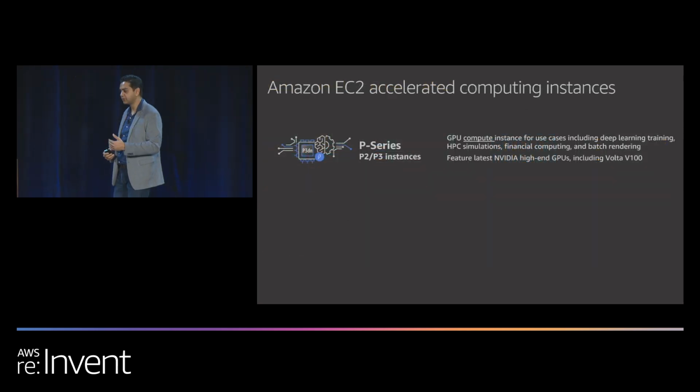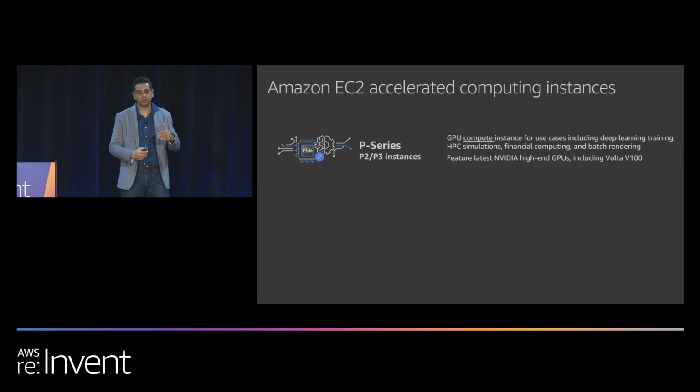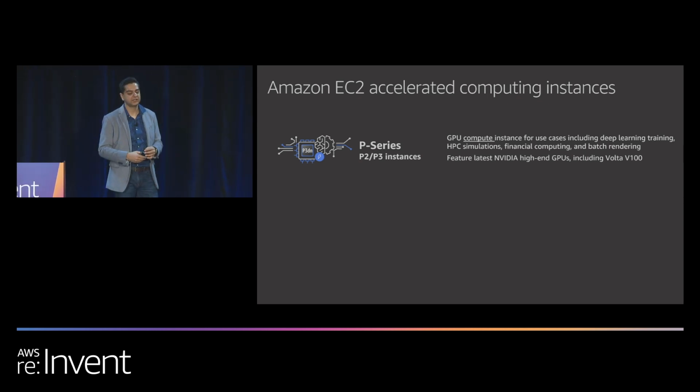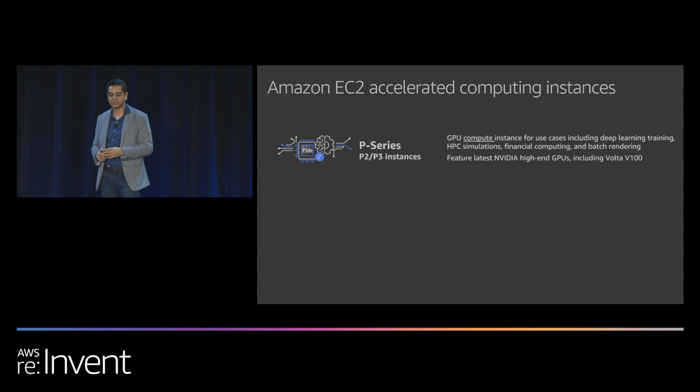So looking at our portfolio in this category, we have our P series of instances. These are targeted for GPU compute workloads, such as deep learning training, inferencing, financial computing, and batch rendering. They include NVIDIA's high-end GPUs, such as the Volta V100.